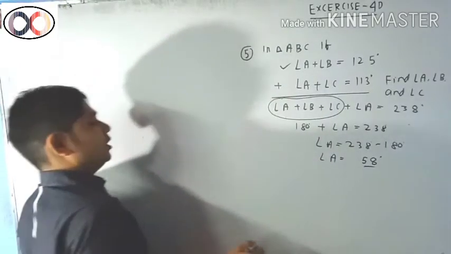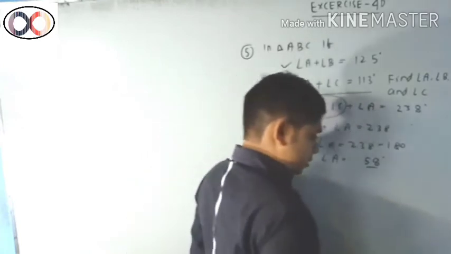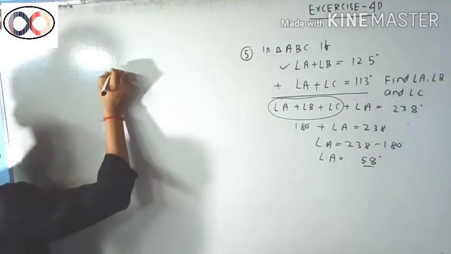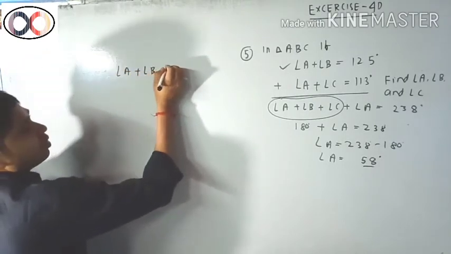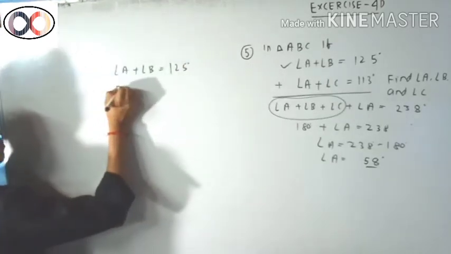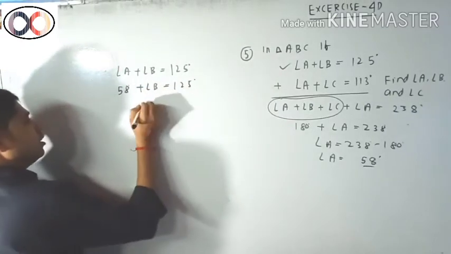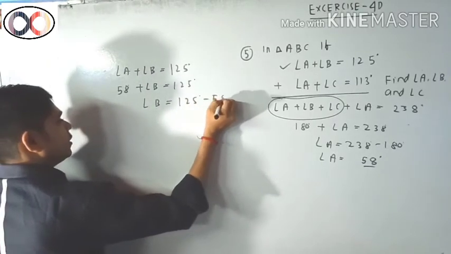Suppose here is a question: A plus B equals to what? 125 degrees. So you can put here A is 58 degrees, plus angle B equals to 125 degrees. So angle B equals 125 degrees minus 58 degrees.